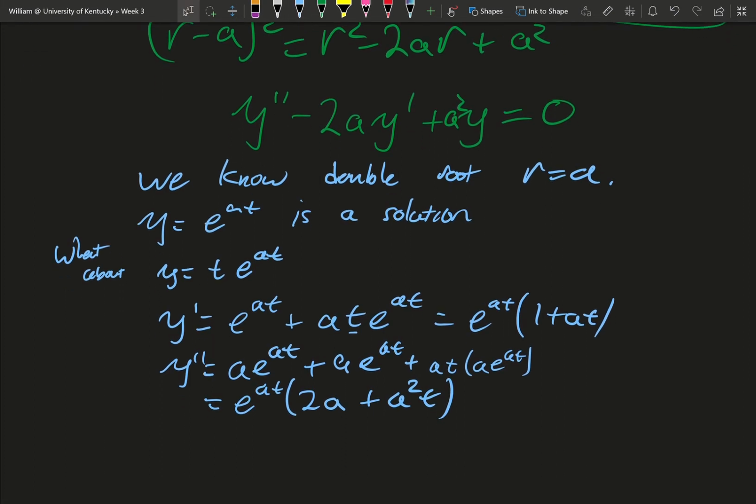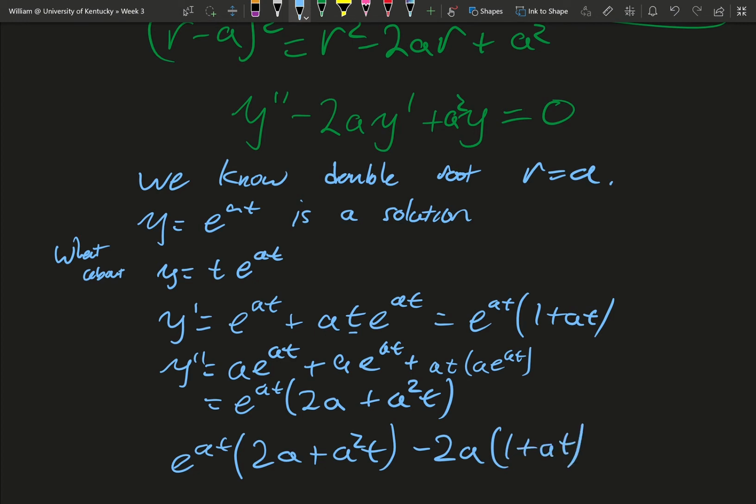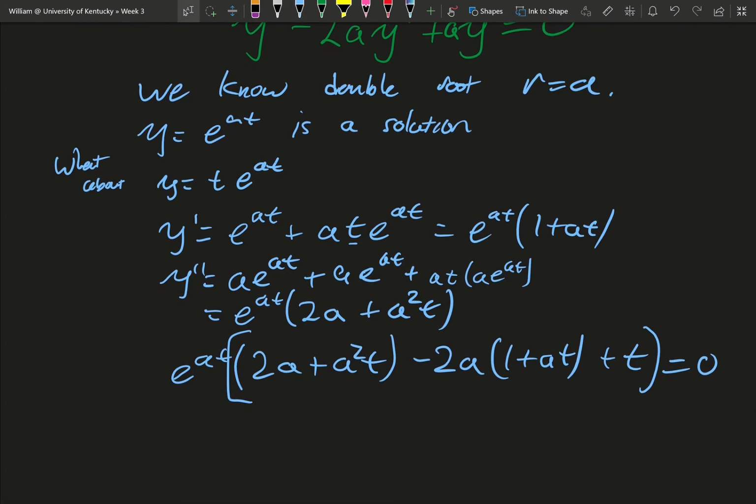All right, so let's plug all of these in, just checking to make sure that these are solutions. And let's see, yep, this thing is going to cancel with that 1 inside.